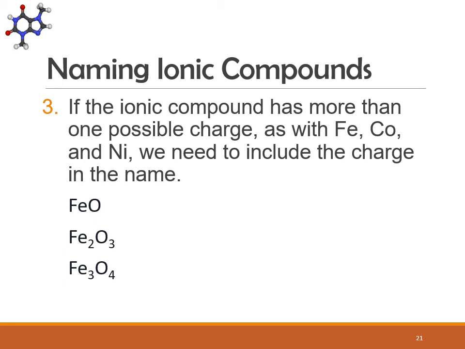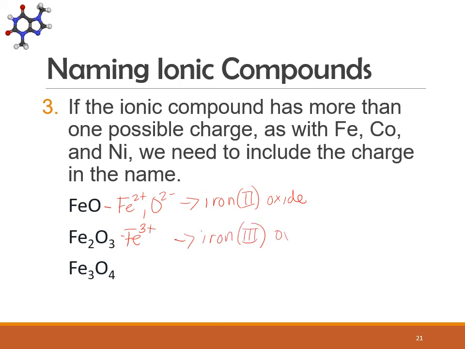To name the first compound, this one has iron with a 2+ charge. We already know that oxygen has a 2- charge. We name this compound as iron(II) oxide. This compound has iron that comes with a 3+ charge. So we write iron(III) oxide.